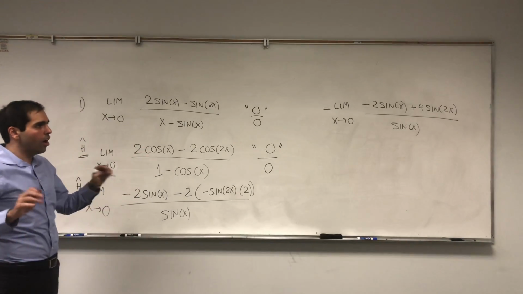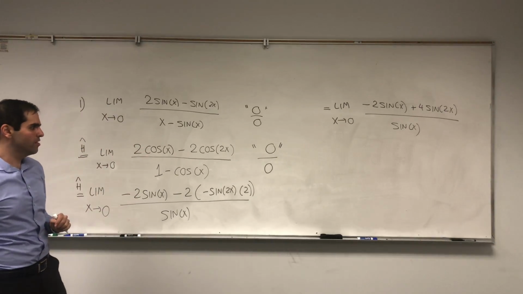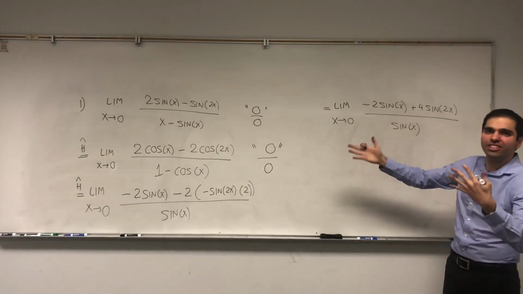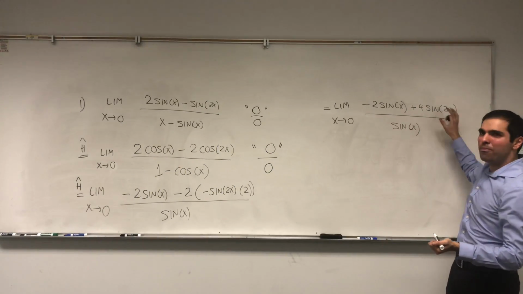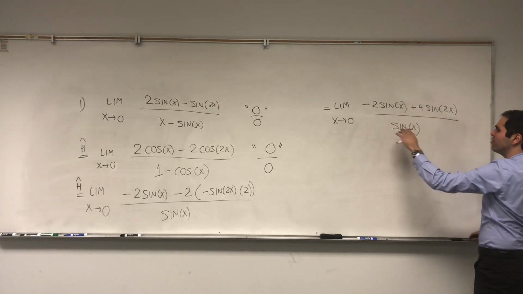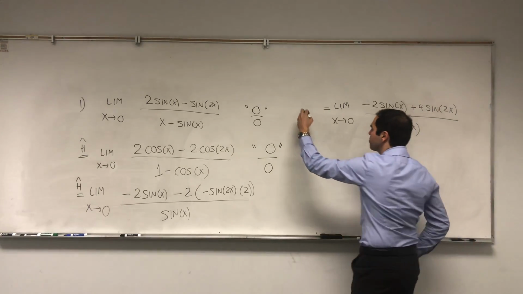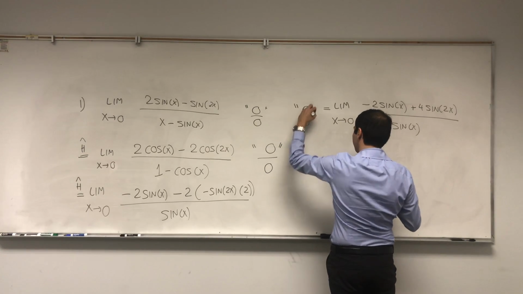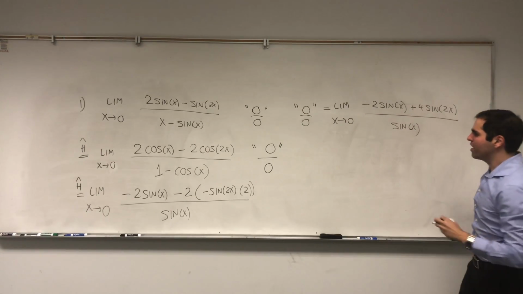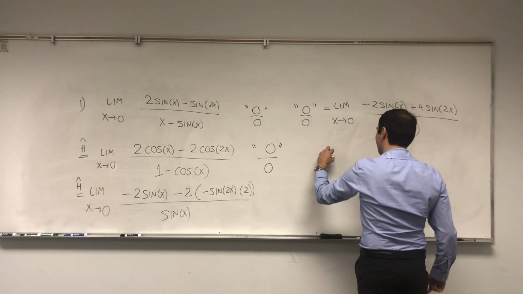Either split it up, that would be one possibility, or why not, since we're already so much deep into trouble, let's apply L'Hopital's rule again. Because notice, this is of the form 0 over 0. So that's of the form 0 over 0, and therefore we can use L'Hopital's rule again.